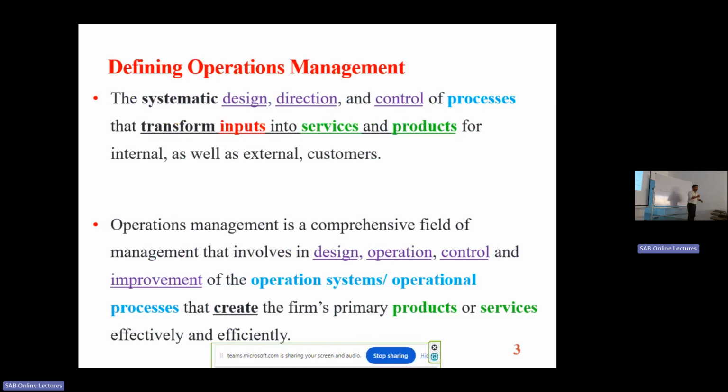Hope you can understand. So how it happens in different industries is different. So designing the operation system according to the industry requirements, according to the business requirement, that comes under operations management. The main part of operations management.